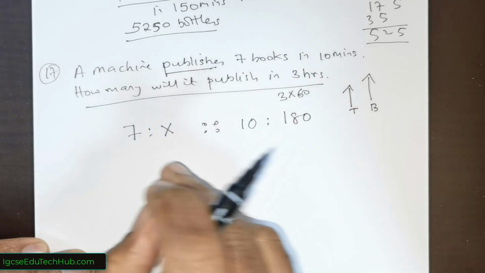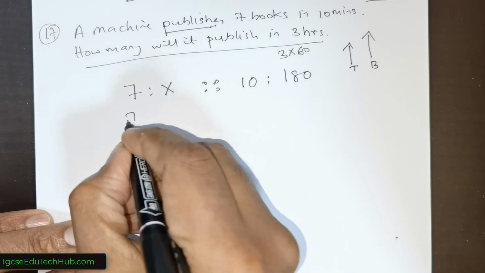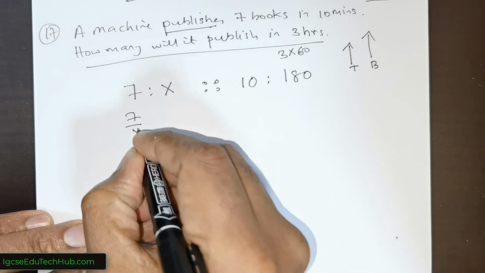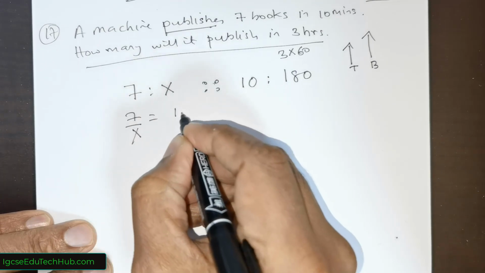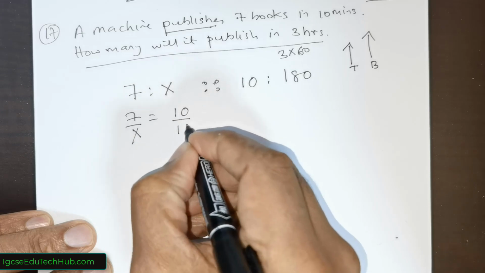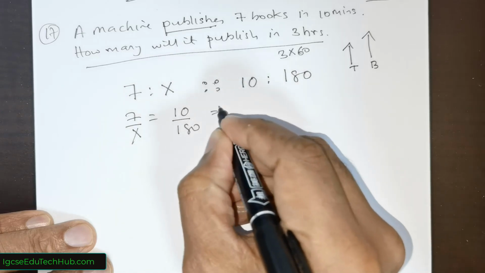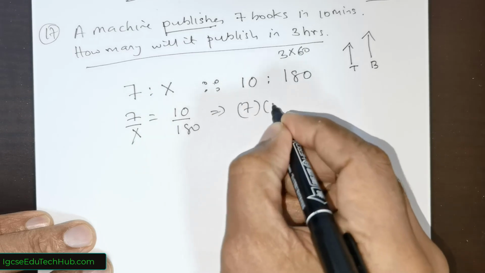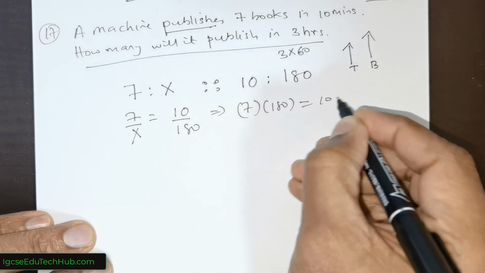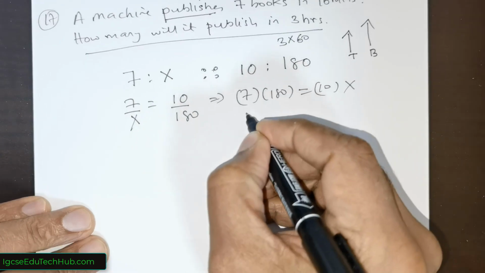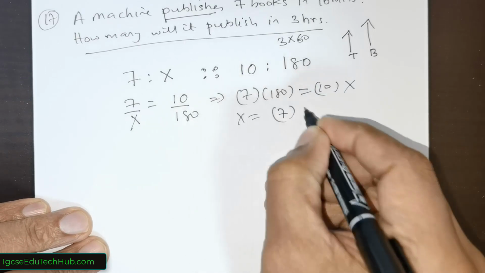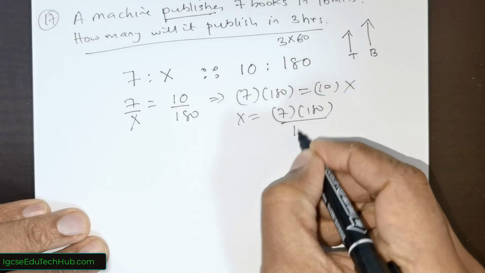So in 180 minutes I want to know the number of books published. So this can be rewritten as an equation. 7 over x is equal to 10 over 180. This can be further rewritten as 7 multiplied with 180 is equal to 10 multiplied with x. We need x. So x is equal to 7 multiplied with 180 divided by 10.